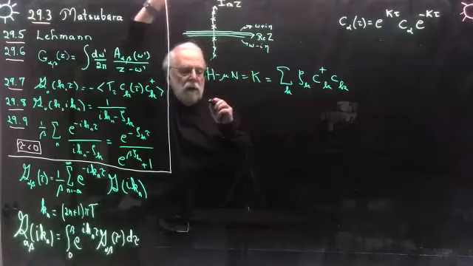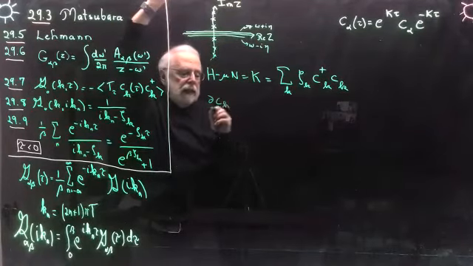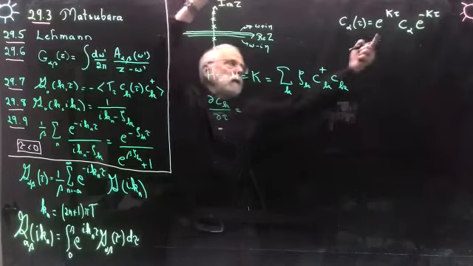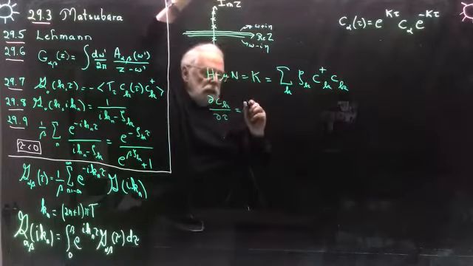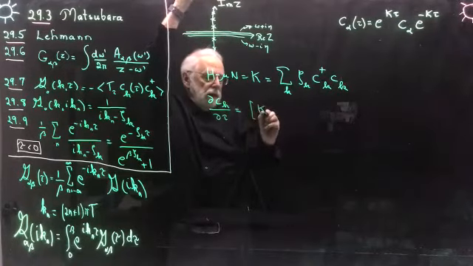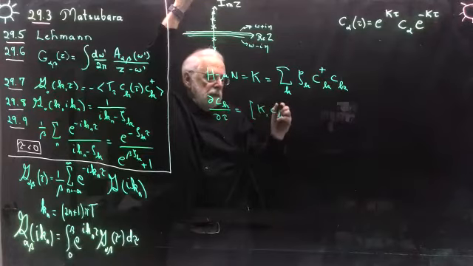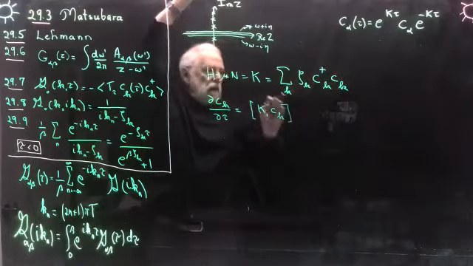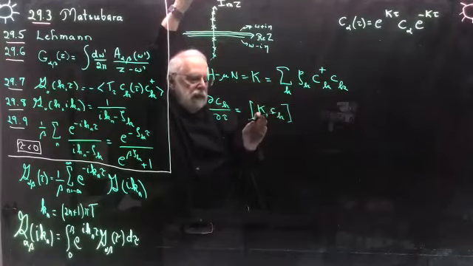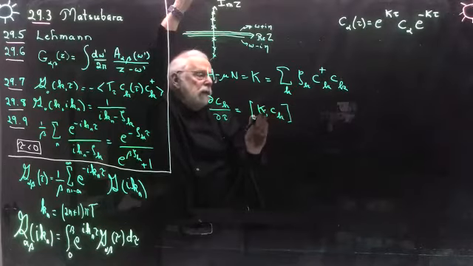So d c k d tau is equal to the derivative of this. Okay, so that gives me the commutator of K with c k. And because K is time independent, because H commutes with K, K commutes with K, so I can evaluate this as an equal time commutator.